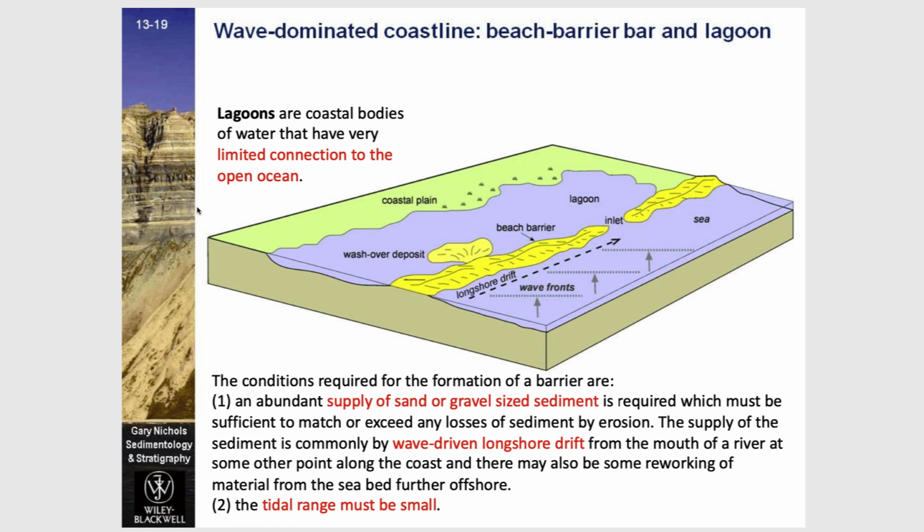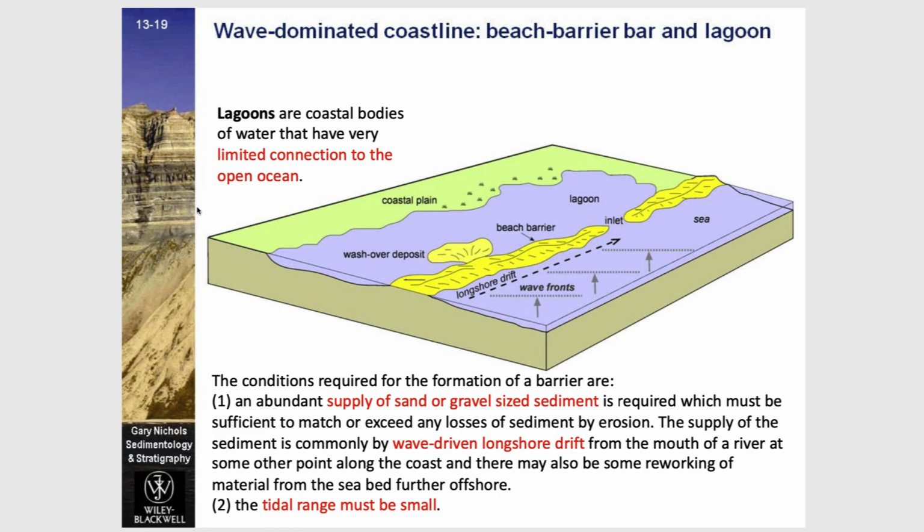So wave fronts will tend to rework the material and form these crests or beach barriers that are represented dominantly by these sandy materials. Sometimes storm events will form a washover deposit which can invade the lagoon, which causes a change really in the stratification.